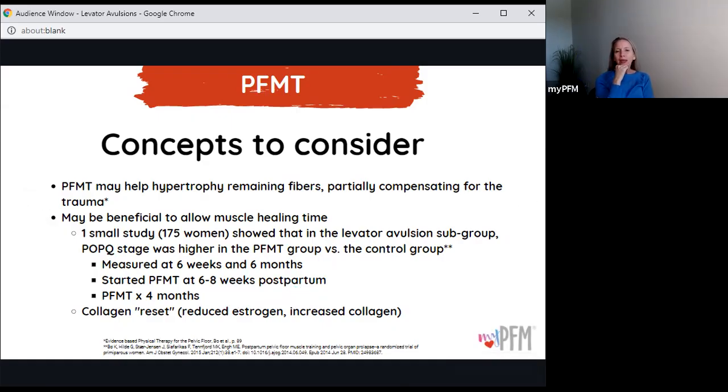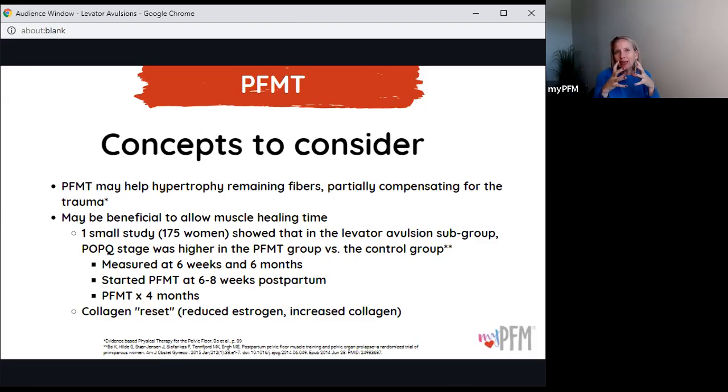And so there's just so many questions here. One of the theories, because I attended a class recently, is that during that immediate postpartum period, you have different types of collagen that are increasing. And so is it important to let those collagen fibers lay down and help reset the body?